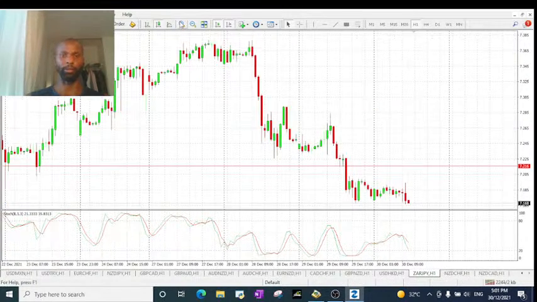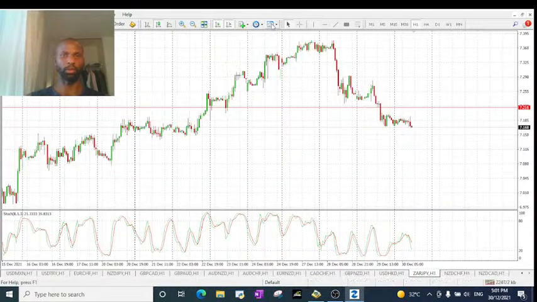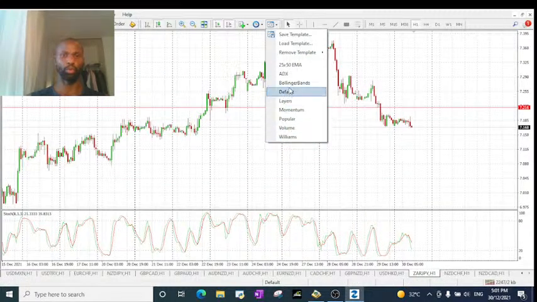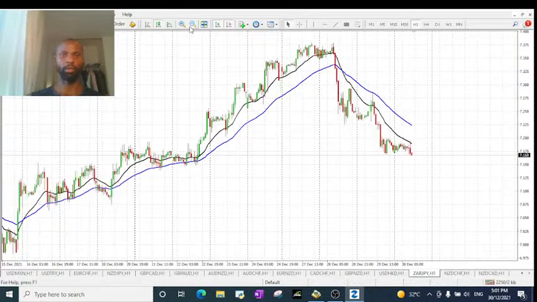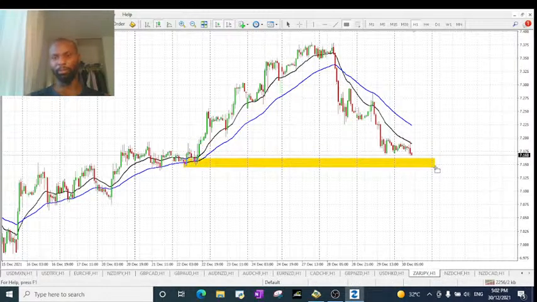Let's look at all the other pairs. 20, 50 EMA. So I use EMAs as my... I mean, I can do without them, but from day one of starting trading, I've always had them on my chart.